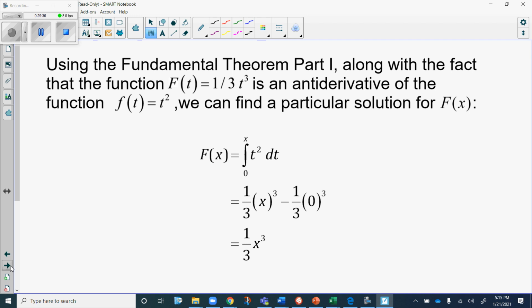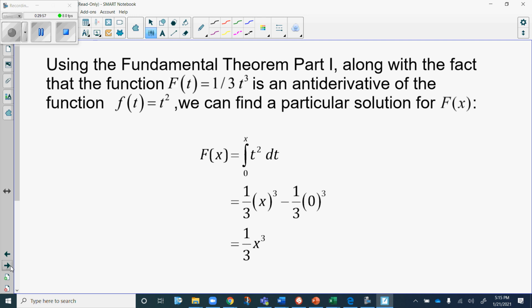Essentially, what the second part of the fundamental theorem of calculus is going to tell us is that the derivative of the antiderivative should equal the integrand, whatever the expression happens to be.